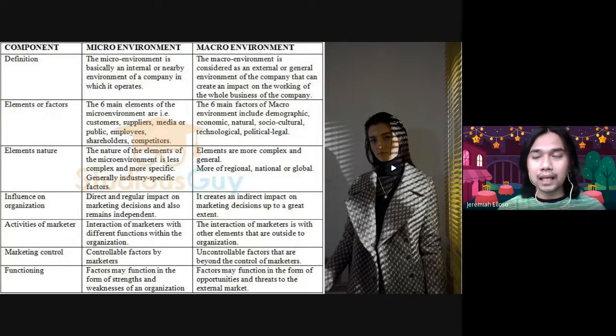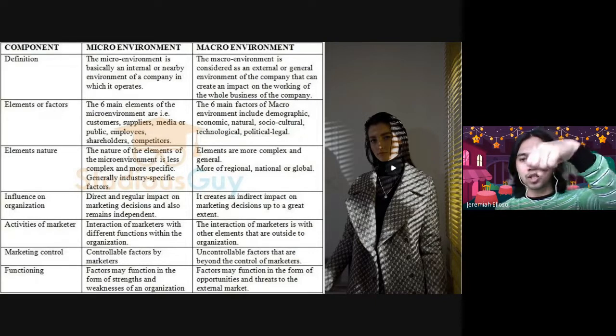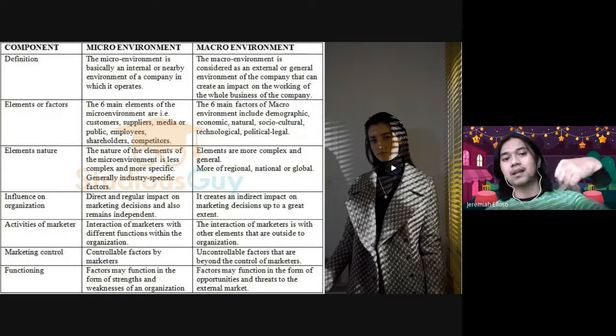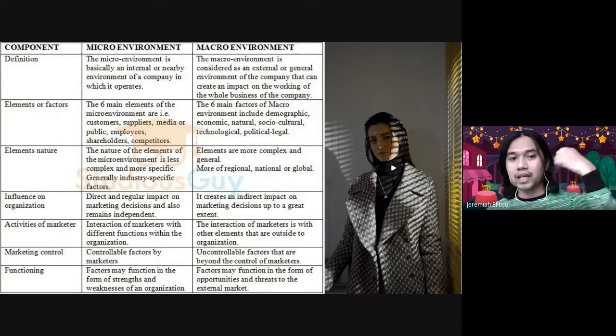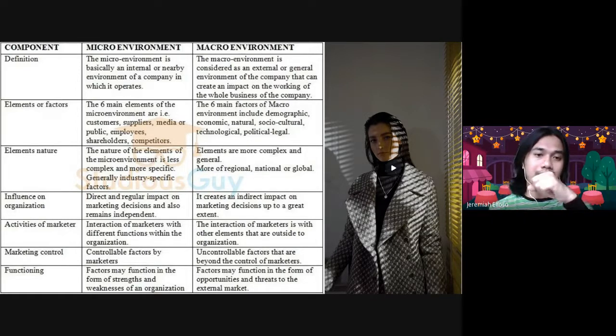Dahil we have mentioned that this is just the micro environment, ibig sabihin, very specific. We can get into the details of the characteristics of this organization. Hindi siya komplikado. Unlike the macro environment, it's complex and general, and it could be the same in a region, or the same all across the nation, or the same all across the globe.